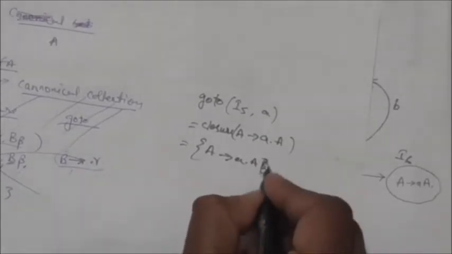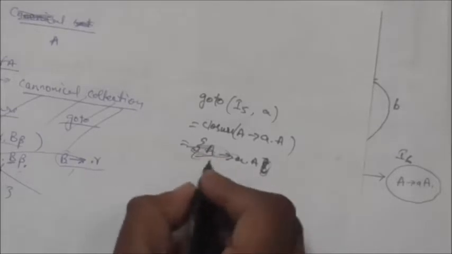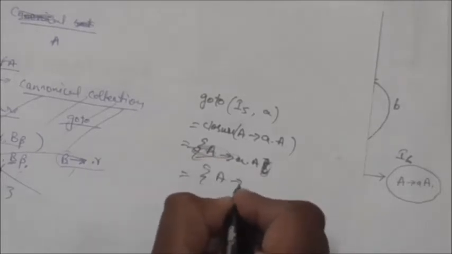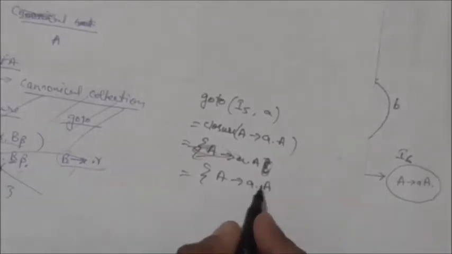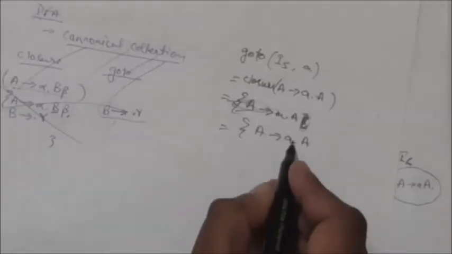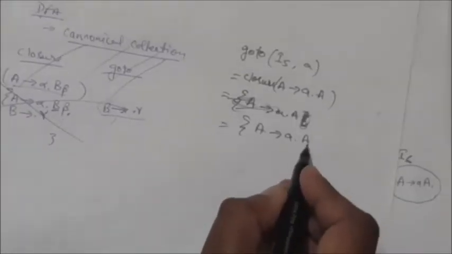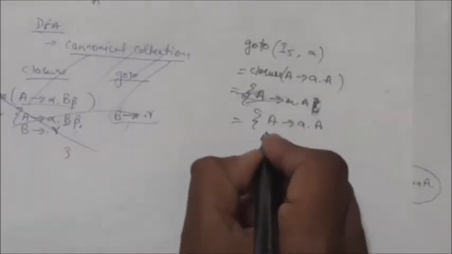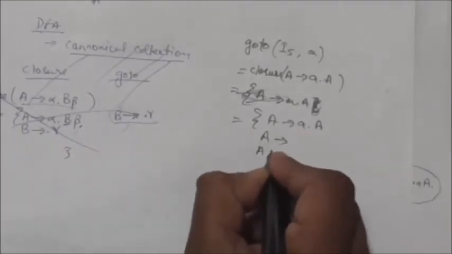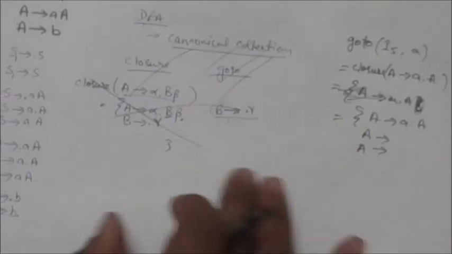Now we will check the position of dot. The dot is preceding this non-terminal symbol A, so we will add those items in which A is at left, and in right the dot is at leftmost position.